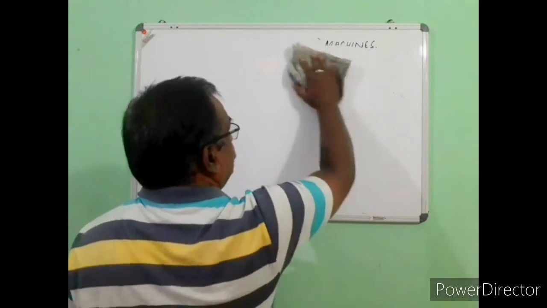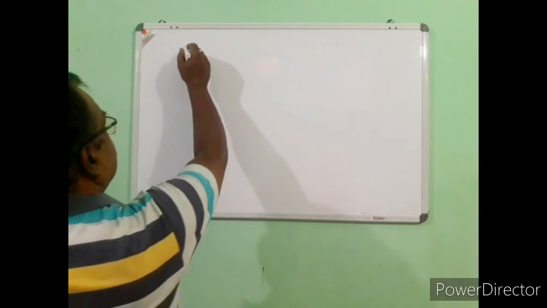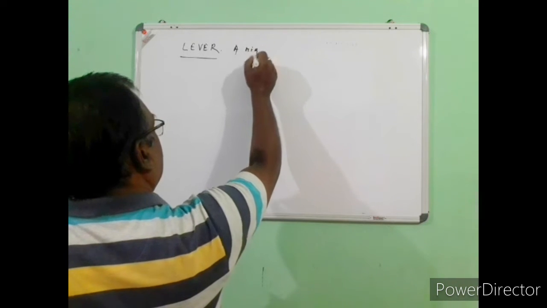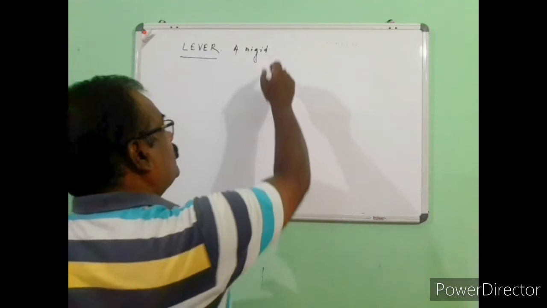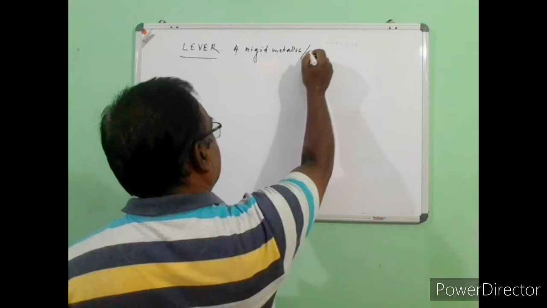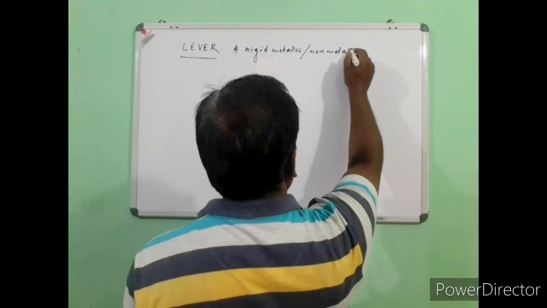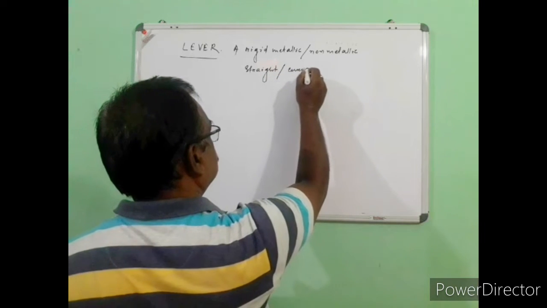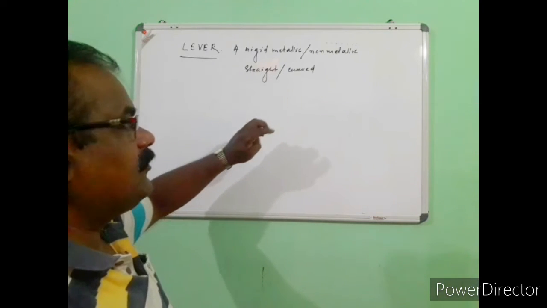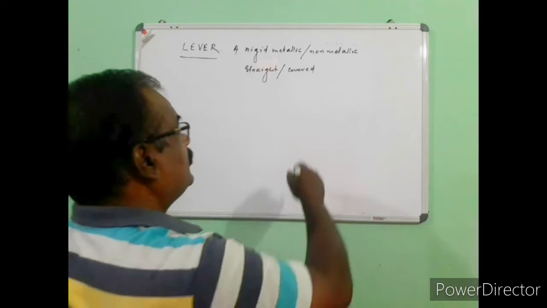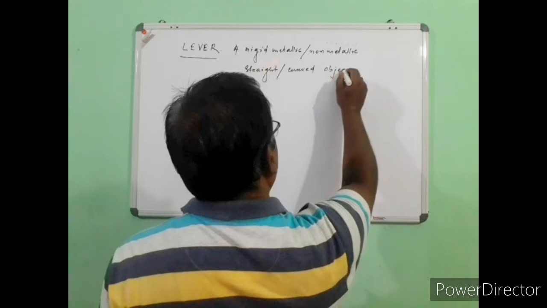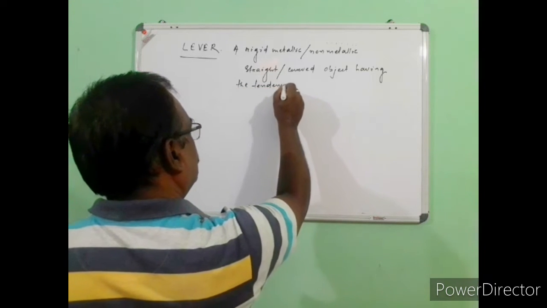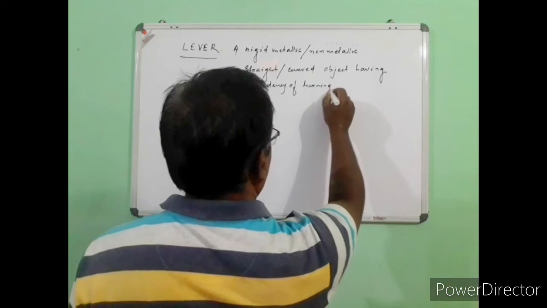Now first of all, what is a lever? In the case of a lever, there must be the presence of a rigid object, metallic or non-metallic, straight or curved, having the tendency of turning around a fixed point.